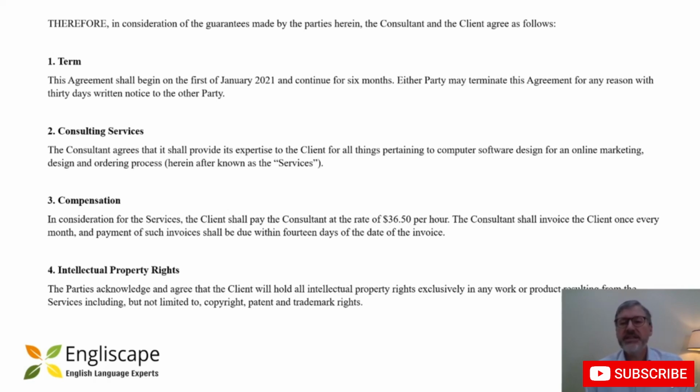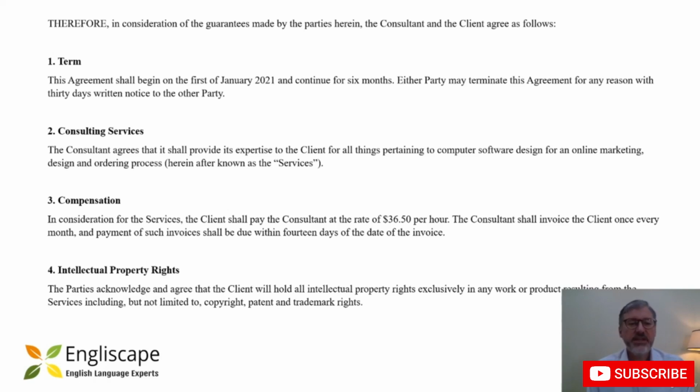Either party may terminate, means to stop, finish, this agreement for any reason with 30 days written notice to the other party. 2. Consulting services.